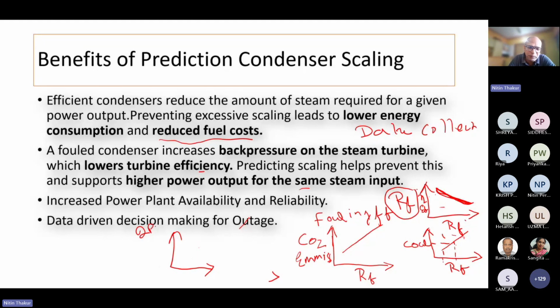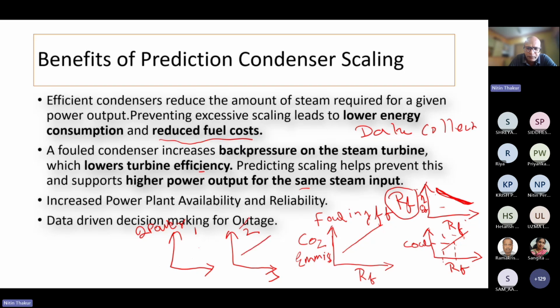Let's narrow it down to Mumbai. Let's say there are two power plants that mainly serve Mumbai. Okay. And let's say one power plant, so let's make this one, and let's make this power plant number two.